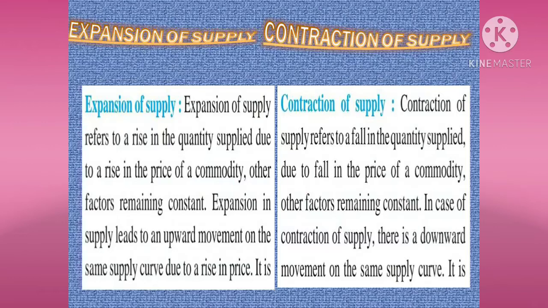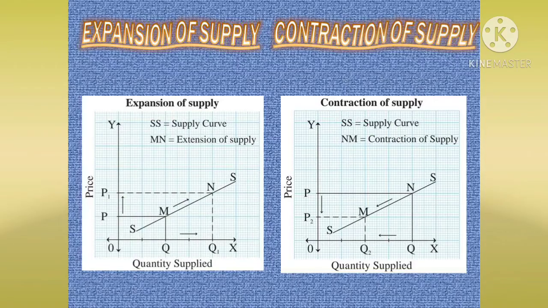Expansion of supply and contraction of supply can be understood with the help of respective curves. Firstly, in expansion of supply figure, quantity supplied is shown on the x-axis and price on the y-axis.